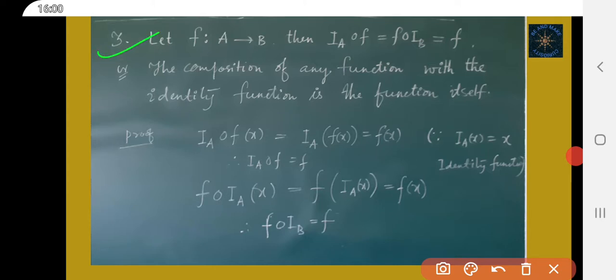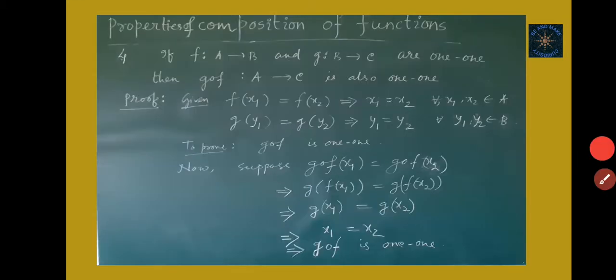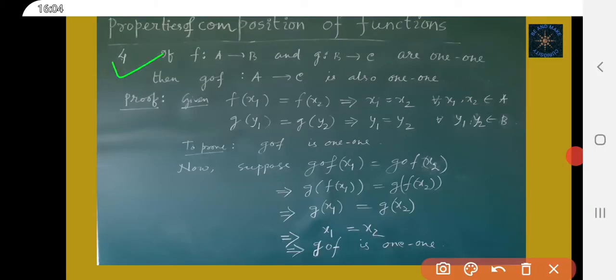Now come to the properties number 3. Let f mapping from A to B. Now come to the properties 4th. If f mapping from A to B and g mapping from B to C are one-one functions.